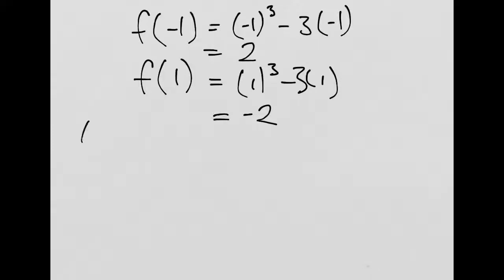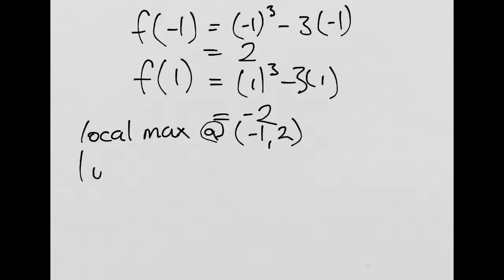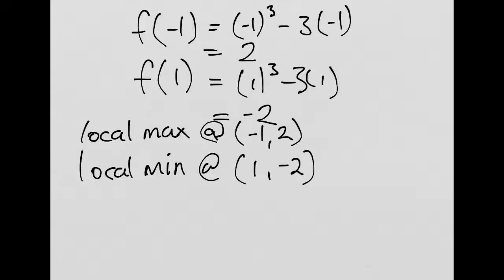So we're going to have a local max at point -1, 2, and a local minimum at 1, -2, which makes sense when you look at where those numbers are positioned anyway.